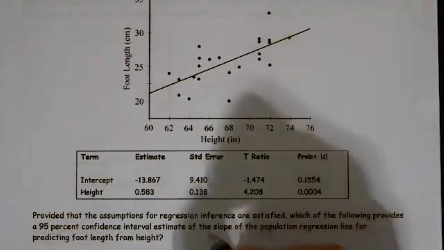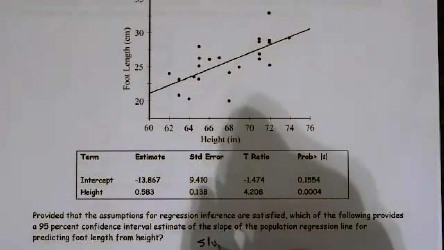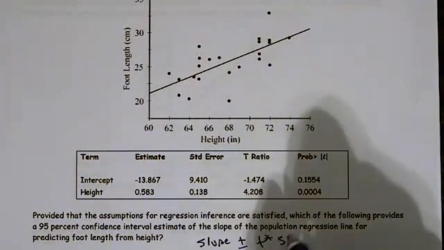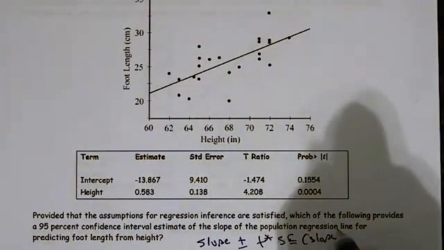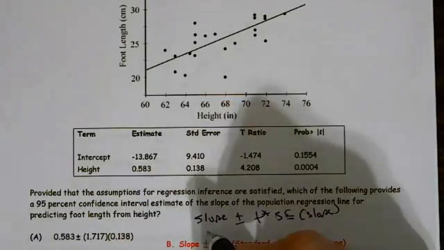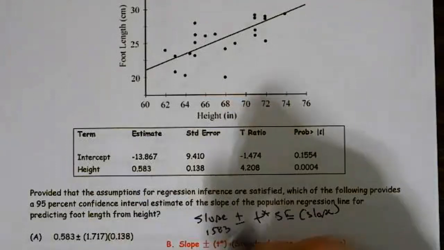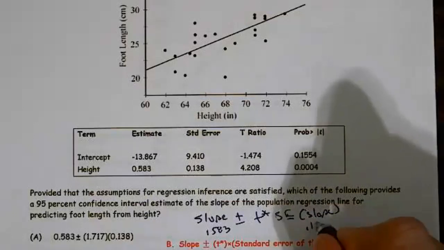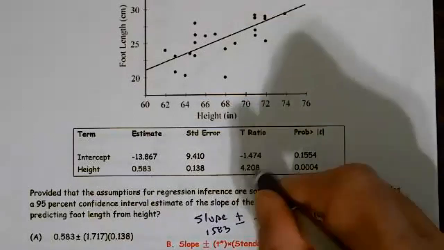Well, remember, slope plus or minus t star SE of slope. My slope is 0.583. My SE is 0.138, I should say. This is not t star.